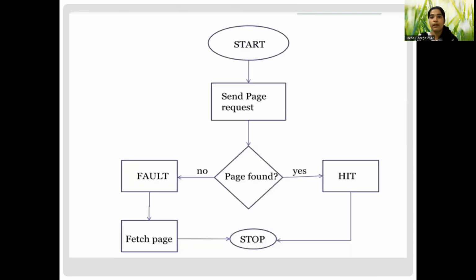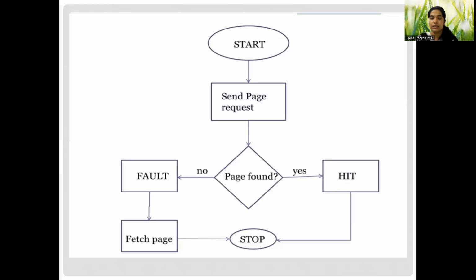If you send a page request and the page is found, it is a hit. If the page is not found, we call it a fault. Then you have to fetch the page, that is, load the page from the secondary memory to the main memory based on some algorithm.